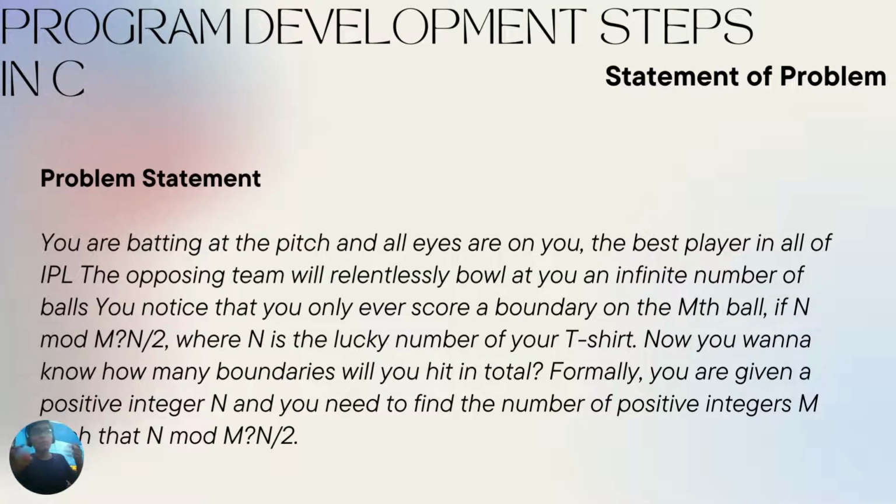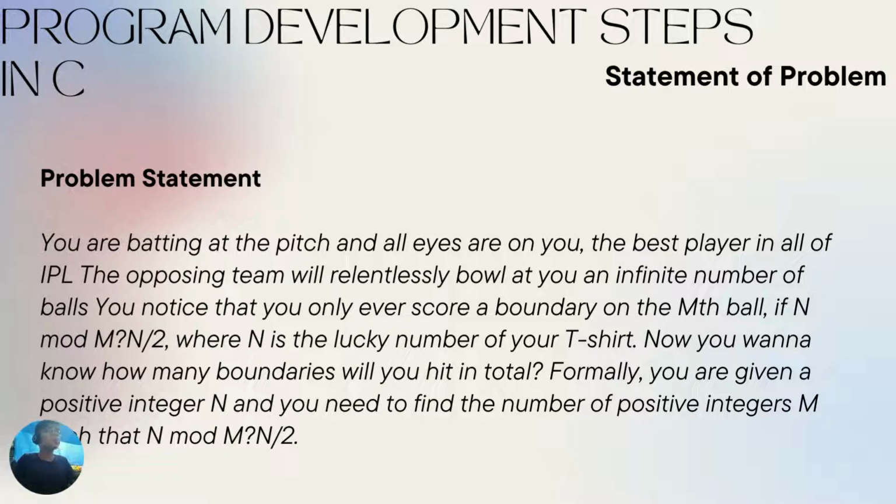So here the problem statement that is given to us is: you are batting at the pitch and all eyes are on you. Well, I'm famous, the best player in all of IPL. That's me. Even though I do not watch IPL, I am the best player in IPL. So let's assume the opposing team will relentlessly bowl an infinite number of balls at you. Thank God I have god level stamina. Thor, I am better than you.